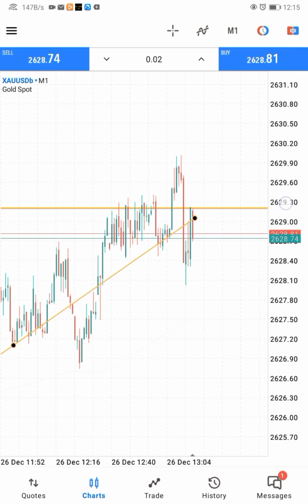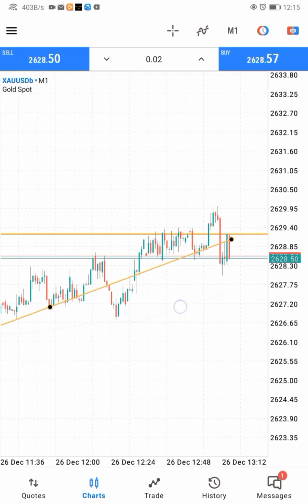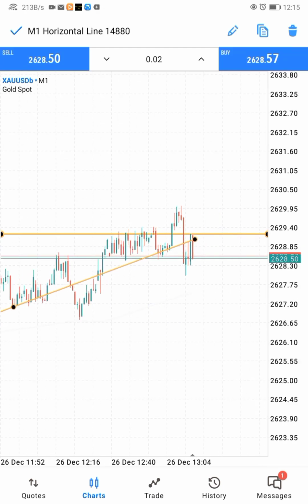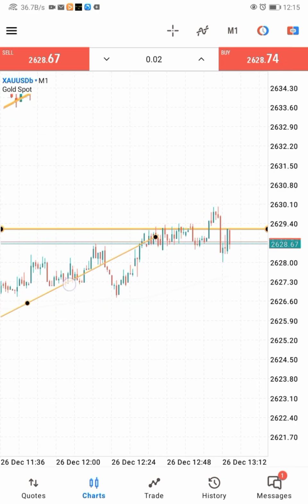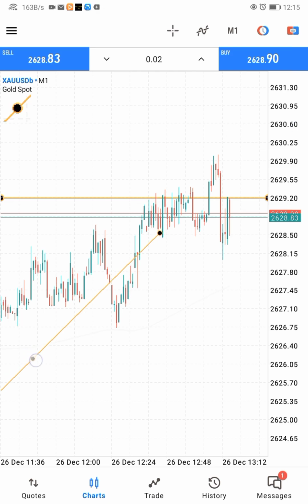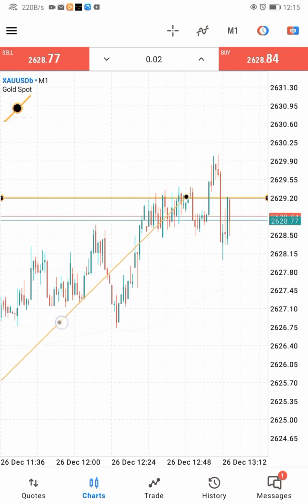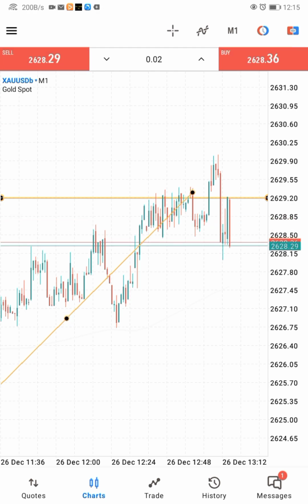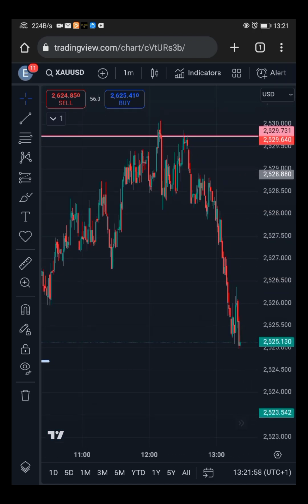The market has kicked me out with a few pips. You can see this is where the consolidation became so heavy. If you check it very well, you can see how many times this market struggled: one, two, three, four, five, six times this market kept kicking on the zone. Finally, the trade took me out after everything.